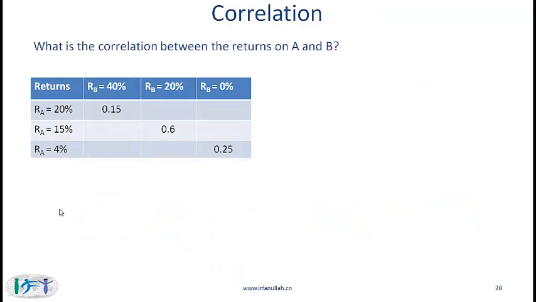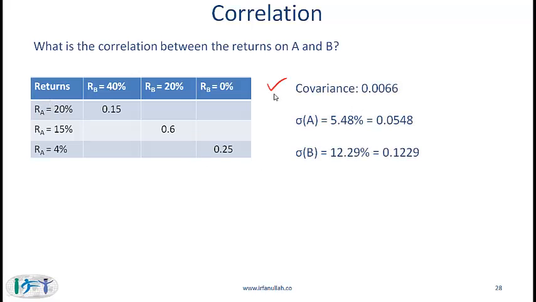Just to understand how to calculate correlation, let us take the same data which we saw a couple of slides ago and compute the correlation. You have already calculated the covariance, and let us say that you now also calculate the standard deviation of A and standard deviation of B. In the previous lecture on this reading, we talked about how to calculate the standard deviation of variables such as this.